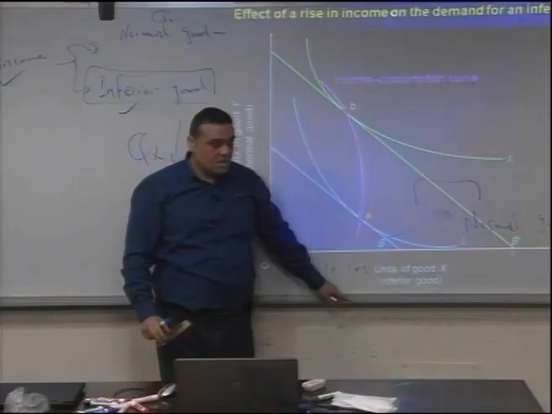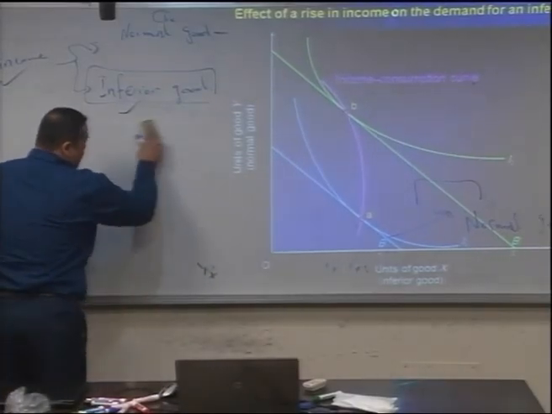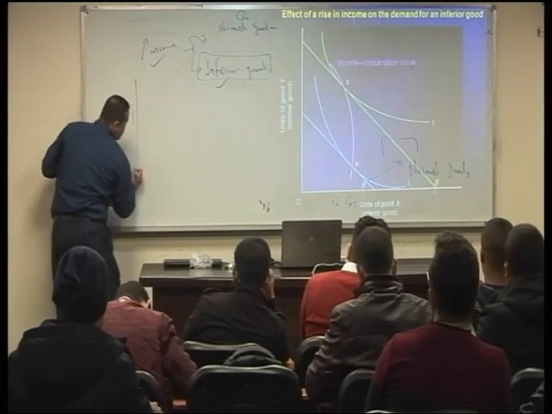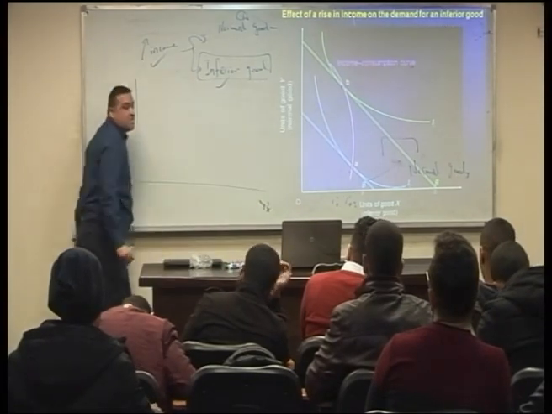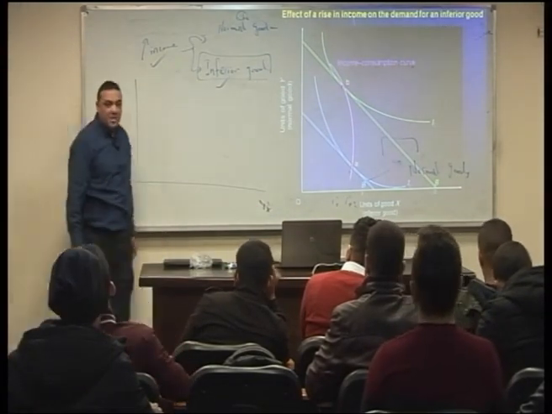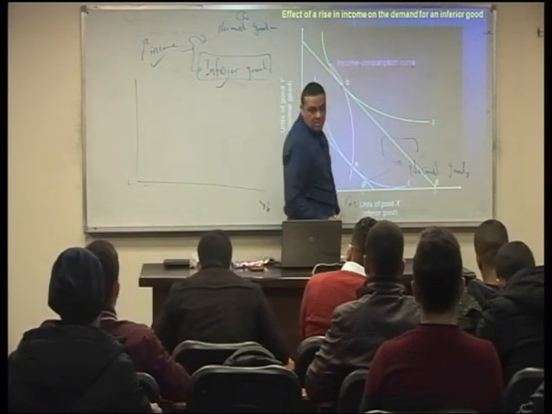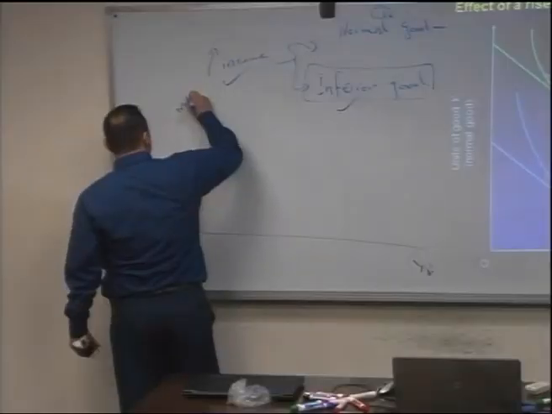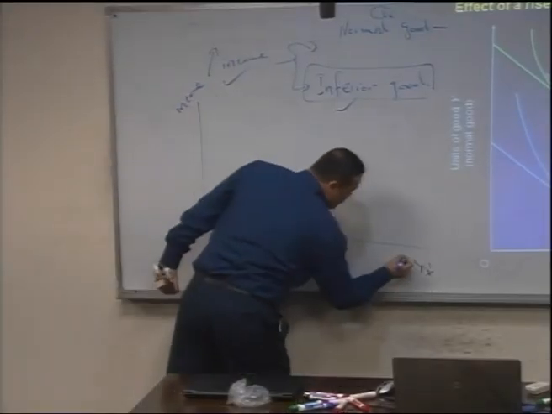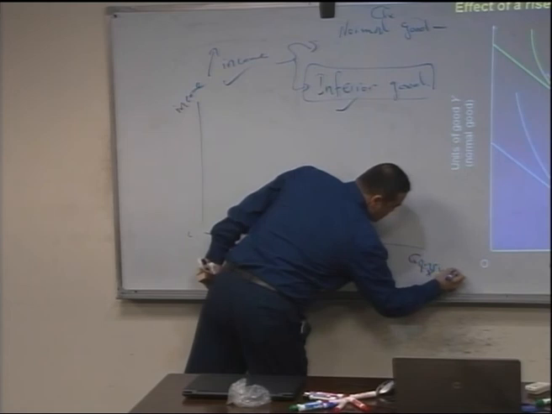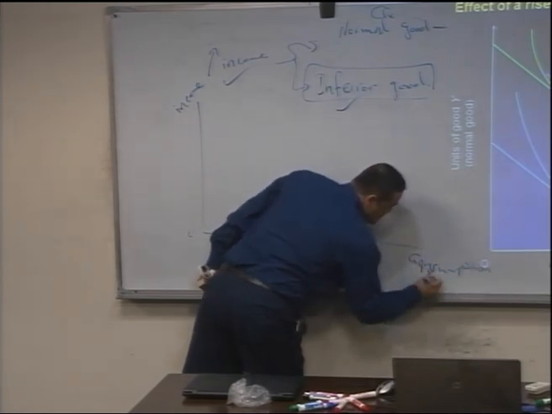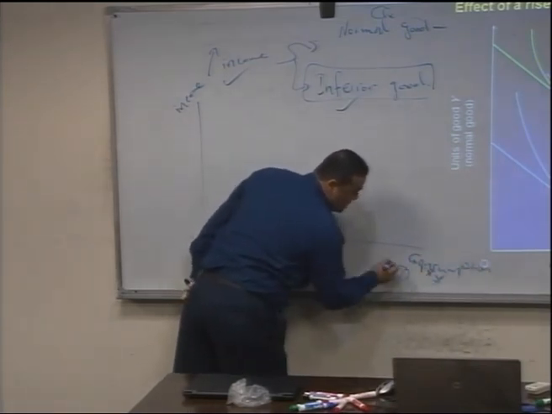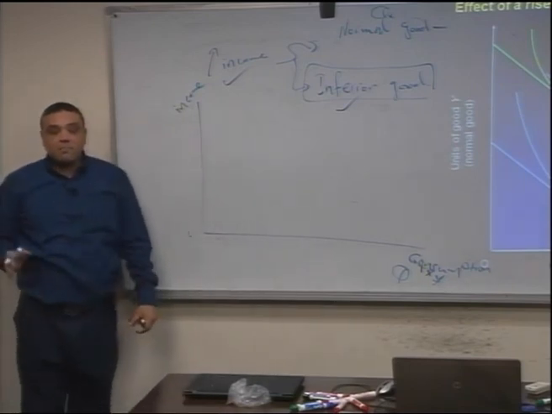Right? Okay, so the income consumption curve here represents the relationship between the consumer's income and the quantity purchased of X, or the demand for X. Income and consumption of X might be positive.